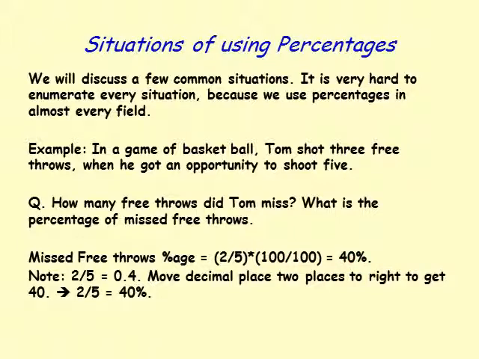That's 40%. Also, 2 divided by 5 is 0.4, and when we move the decimal place 2 places to the right, we get 40. So 2 divided by 5 is 40%. He missed 2 shots out of 5, so he missed 40% of the shots.